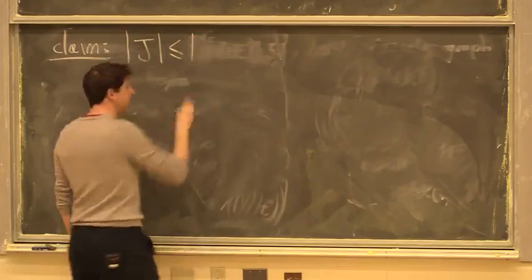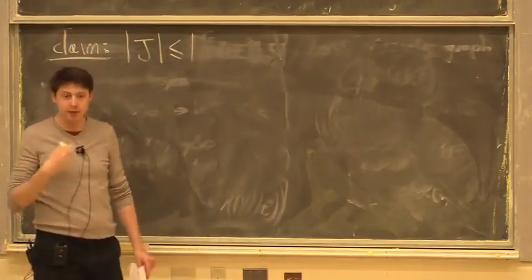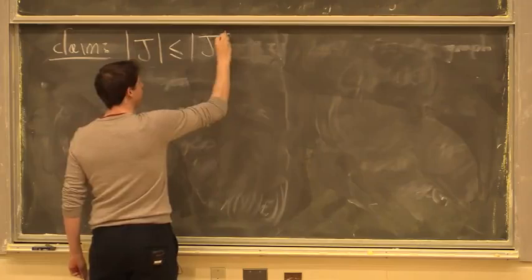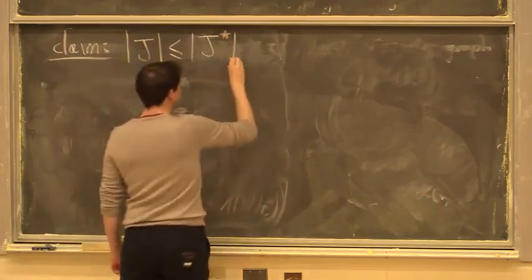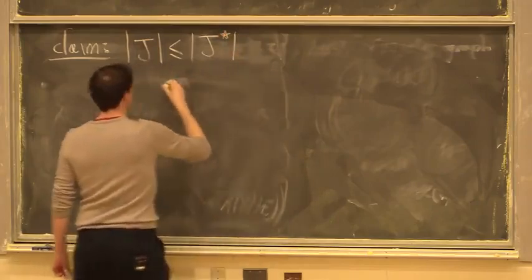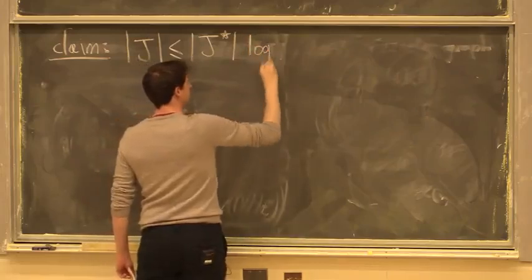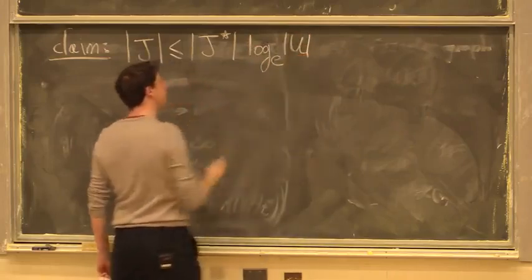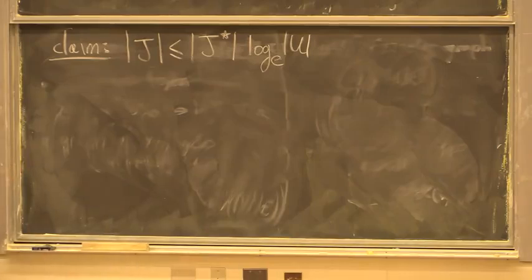And we're going to measure it in relation to the optimal, because who knows what the optimal is? So we're going to write J star, that is the optimal answer. And then it's going to be not much more than that. It's going to be some funny expression that we're going to see in a moment why it comes up. It's basically going to be log n away from it.